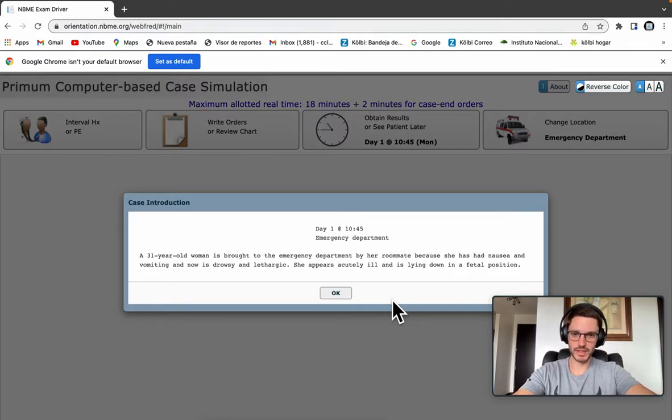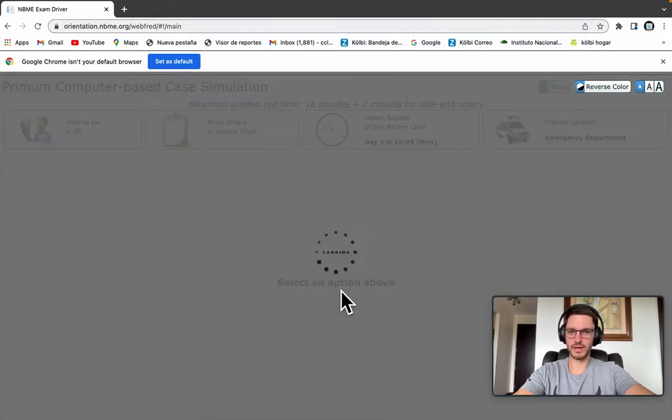So this patient is acutely ill and will be starting off in the emergency department. It's very important that her neurological status isn't that good. So we could already be thinking, should this patient need an antagonist to certain medications or drugs? Could she maybe need intubation? We'll see that shortly.